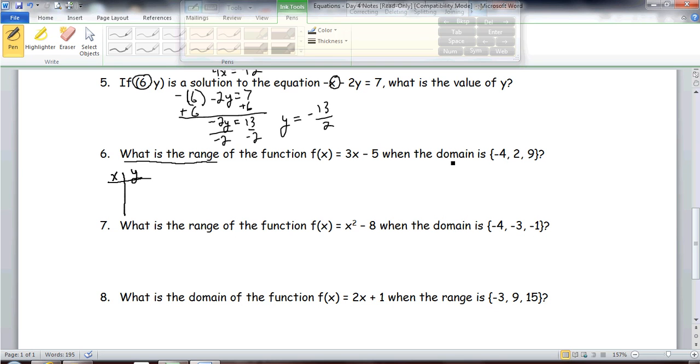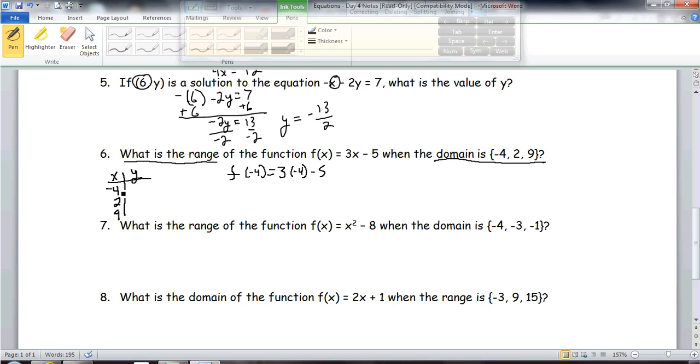x, y. When the domain is -4, 2, 9. That means I need to put in -4, 2, and 9. That means I'm going to have 3 equations. So what is the function of -4 such that it's 3 times -4 minus 5?